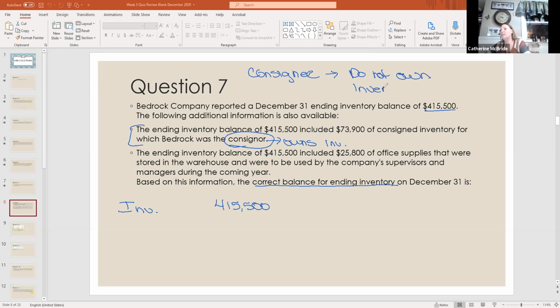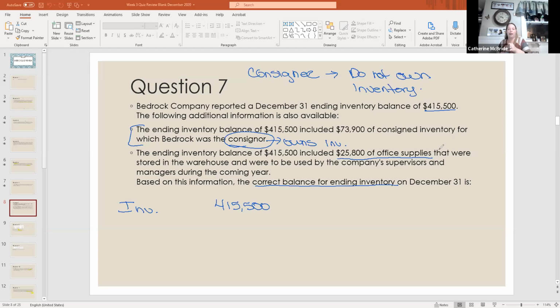The reason I say it's really weird is because they're asking it in a way that, to me, would normally be, well, they want us to subtract the consigned goods because they're not part of inventory. But we don't subtract the consigned goods here because we're talking about the consignor, so he actually owns them. But what we do have to do is that the ending inventory balance has $25,800 of office supplies included in it.